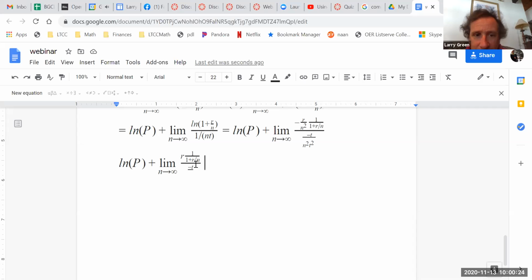Is that clear? And 1 over t is t. So that becomes RT. I can put that over 1 if I want. Any questions on all the simplification I just did? Okay.